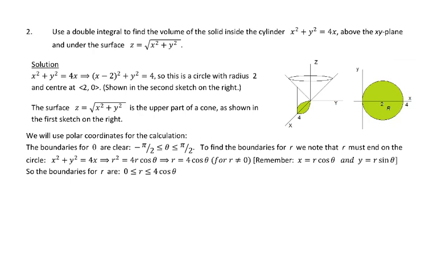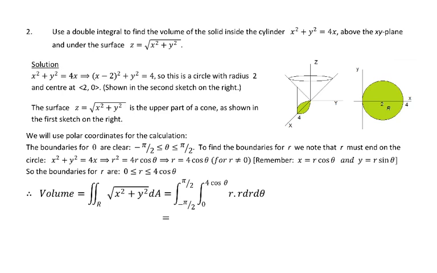If you substitute the substitutions for polar coordinates, that translates to r equals 4 cos theta for r unequal to 0. Remember that x is r cos theta and y is r sin theta. So the boundaries for r are from 0 to 4 cos theta.